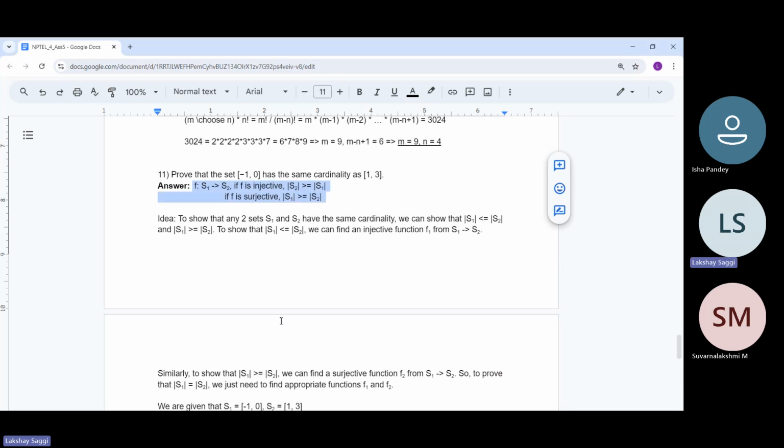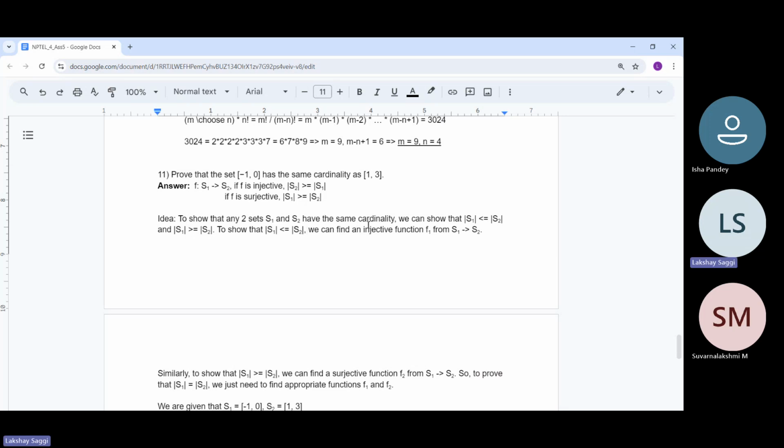Okay. So if this observation always holds, then we get an idea of how to compare cardinality of two sets. For any two sets S1 and S2, suppose we have to show that they have the same cardinality, that |S1| is equal to |S2|.